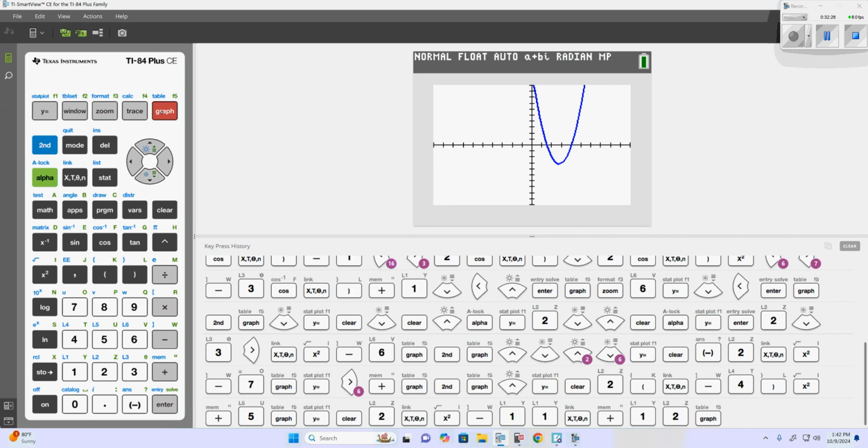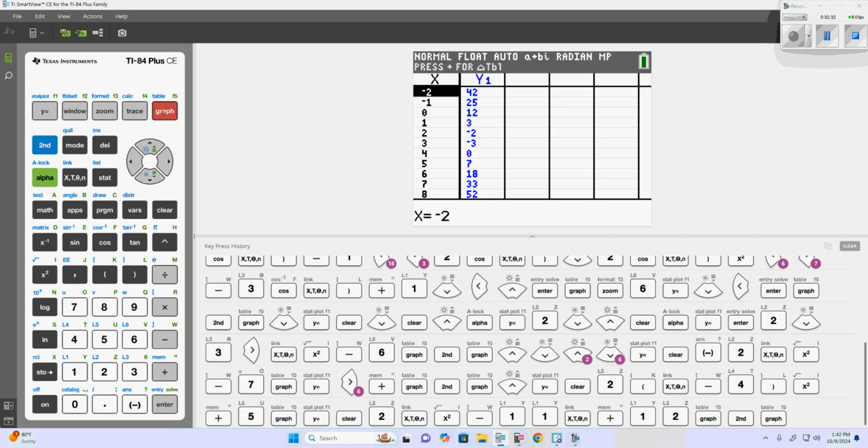Well, it does intersect the graph at 2 places, yes? Second table. Well, one of those solutions, one of the values of x that will make the function be 0 is 4, yes? But how many times did it cross the x-axis? 2. It's not giving us the other one.